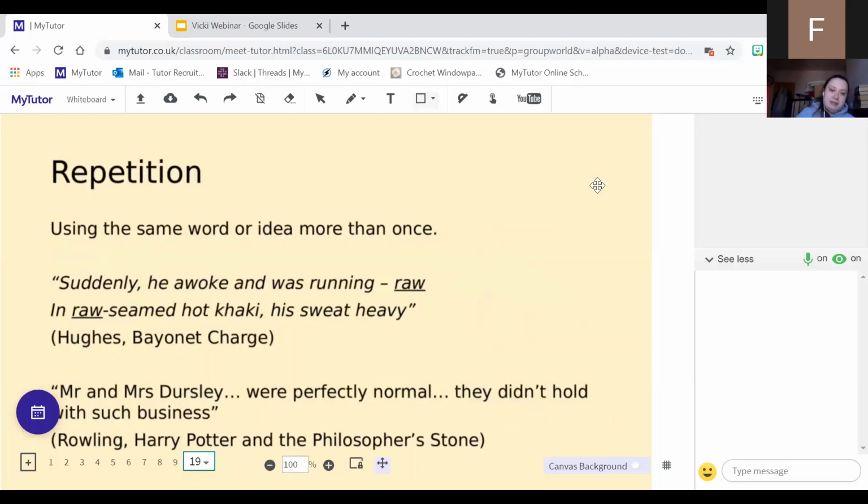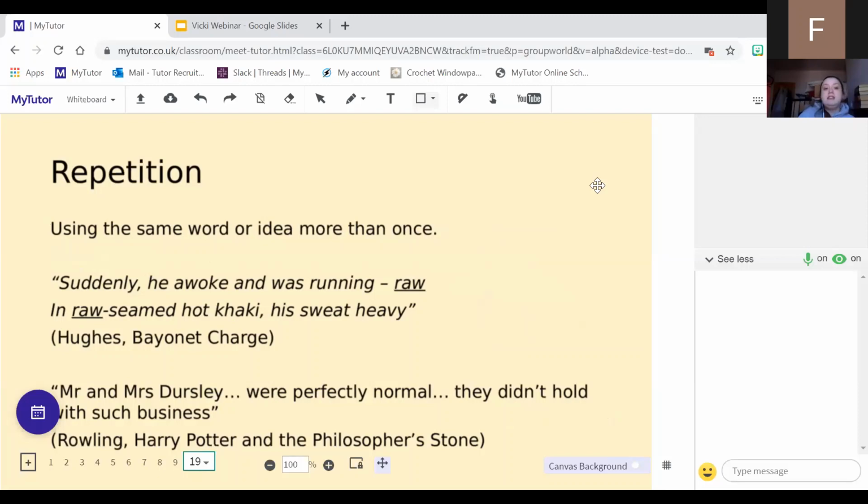Now, repetition. This is where you need to be careful. The first one I've given you an example of is the example I gave you on Wednesday a couple of weeks ago, which I've taken from Bayonet Charge. So the repetition of the word raw.